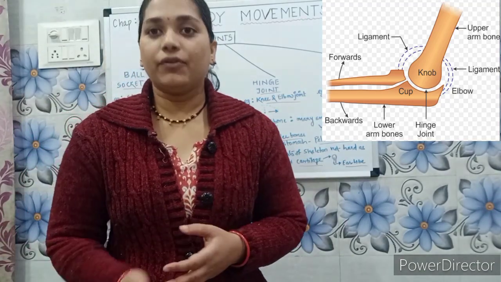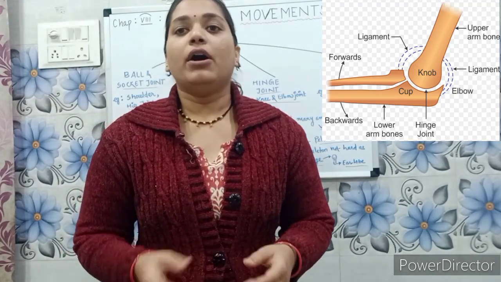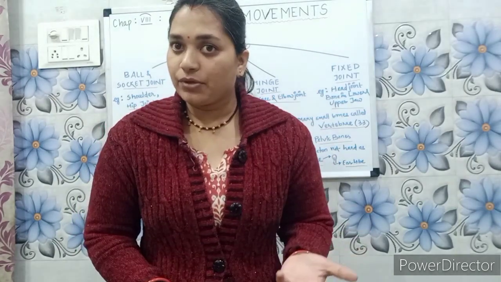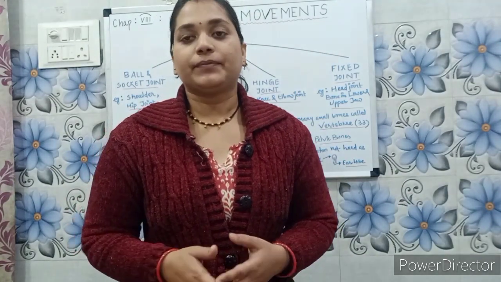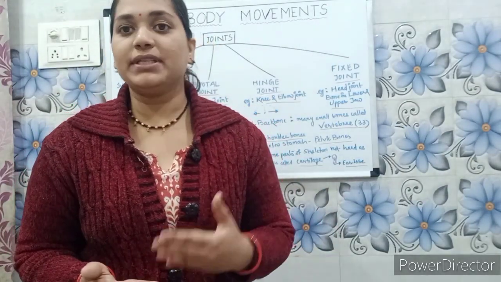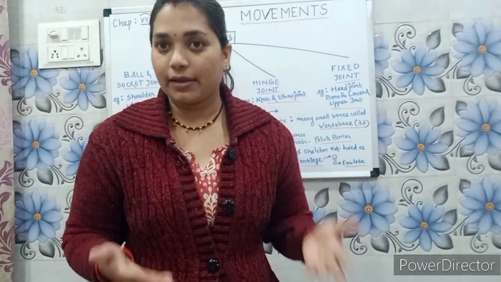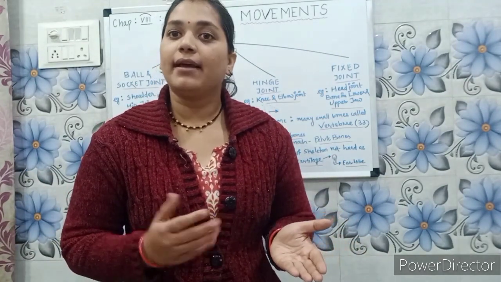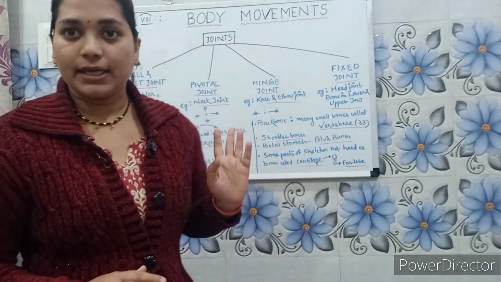It moves outward, then comes back to the original position, or moves inward, then comes back, but it does not have any rear movement. You can also see this in doors and windows. They have one directional movement, opening and shutting, and no other direction. That's why this is called a hinge joint.